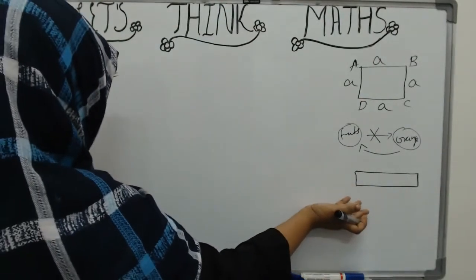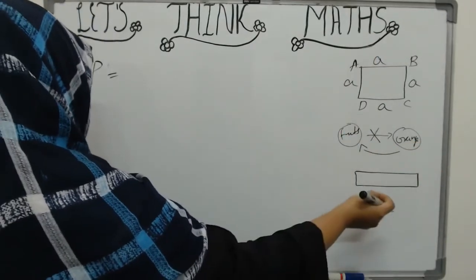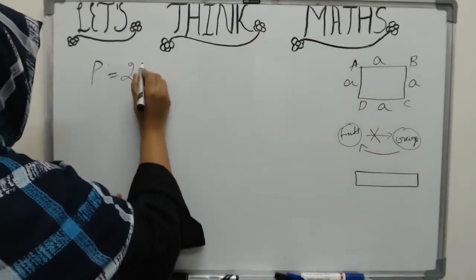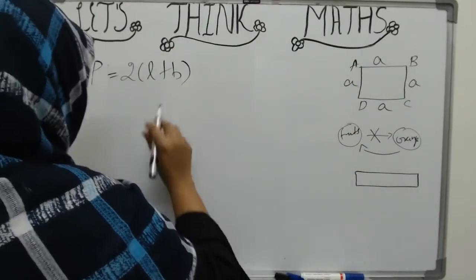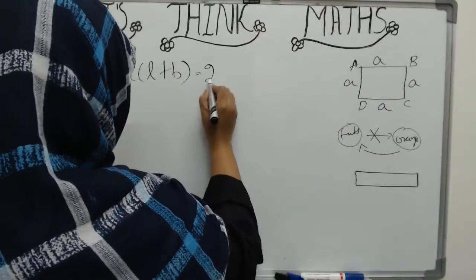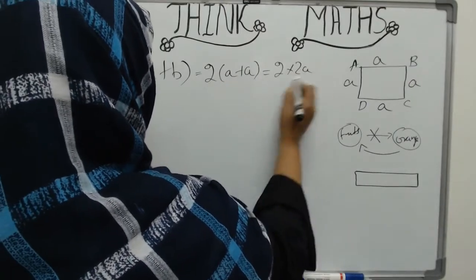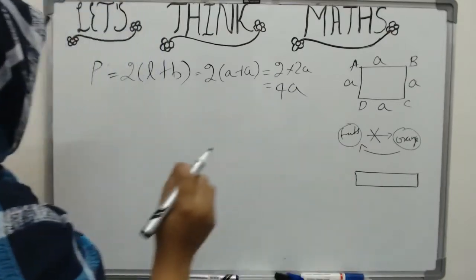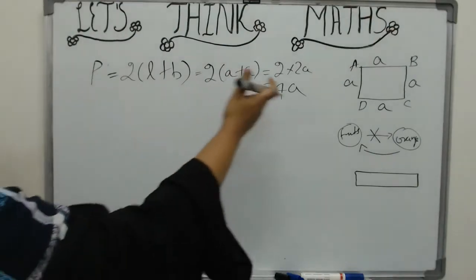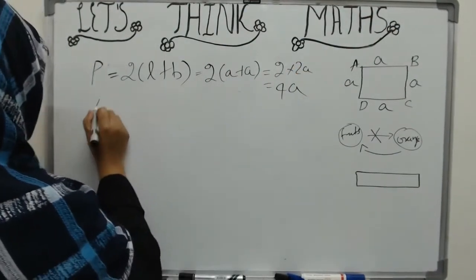As all squares are rectangles, the formula for the perimeter of the rectangle applies to the square also. It is 2 into L plus B, but here there is no L, there is no B, everything is A. So instead of L you put A, instead of B you put A, so you have 2 into 2A, which is 4A. So if you have any square of side 5, then its perimeter will be 4 into 5, which is 20.